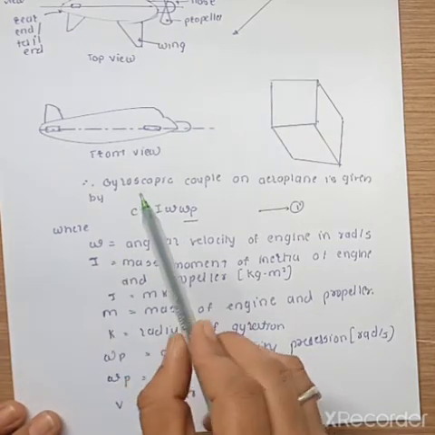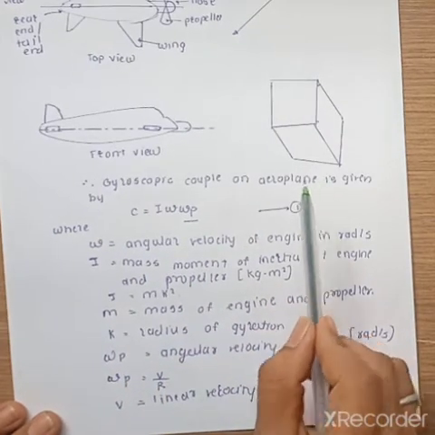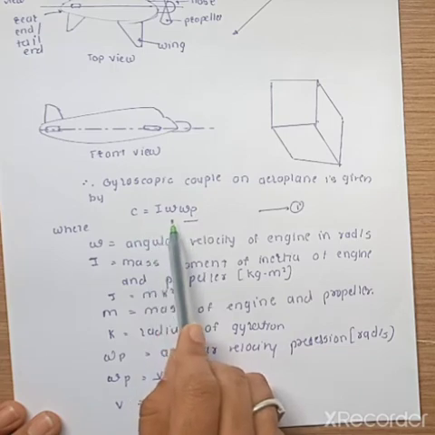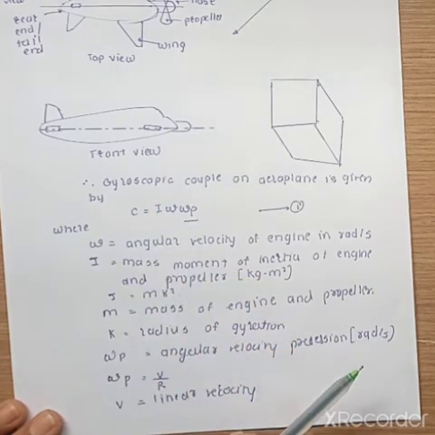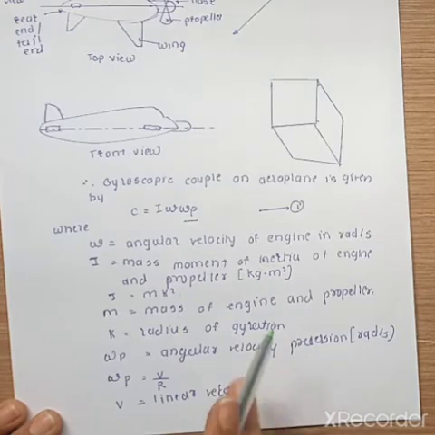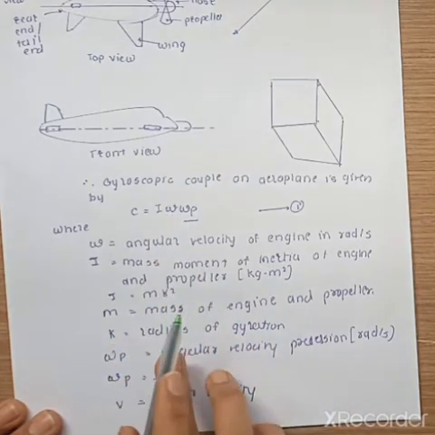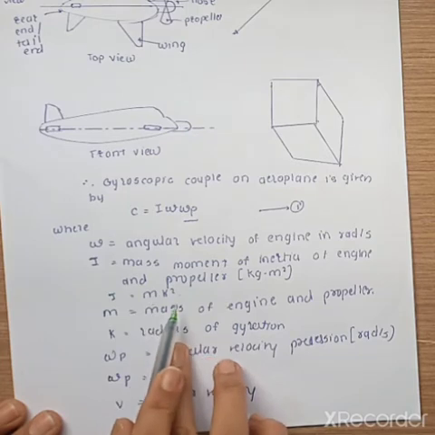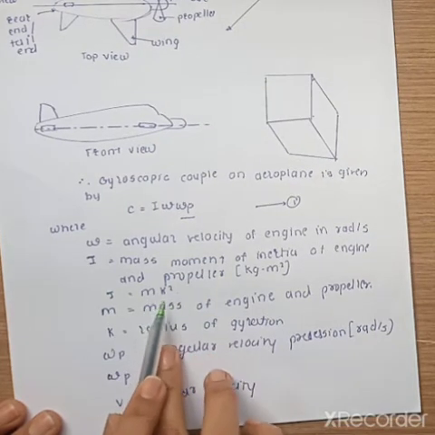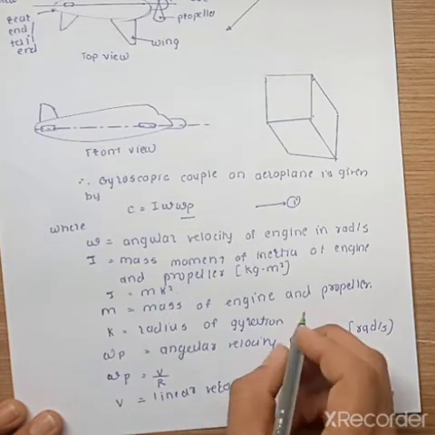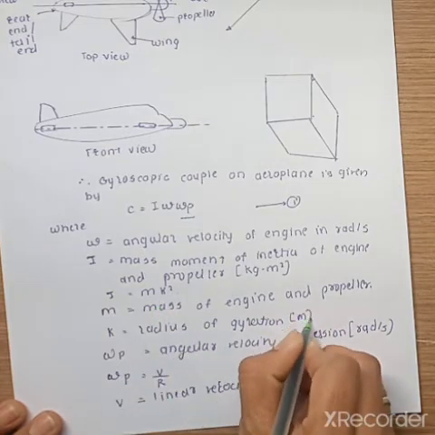We can here find the gyroscopic couple acting on the aeroplane by the formula C is equal to I omega omega P, where I is the moment of inertia of the engine and propeller. We can find the value of I as we know that I is equal to m k square, where m is the mass of the engine and propeller and k is the radius of gyration. It is generally given in meter, okay.